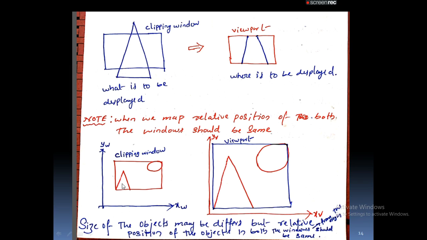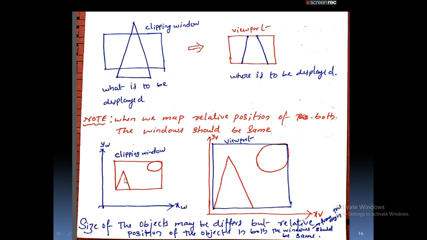We assume that the triangle is displayed in the bottom left corner of the clipping window. If I want to map this triangle from the clipping window to the viewport, it should not be displayed in the upper right corner of the viewport. That is the meaning of relative position.